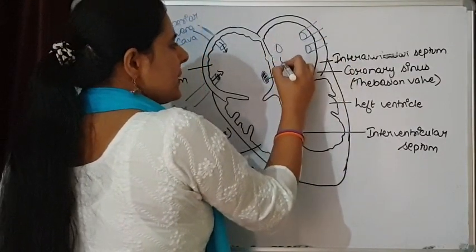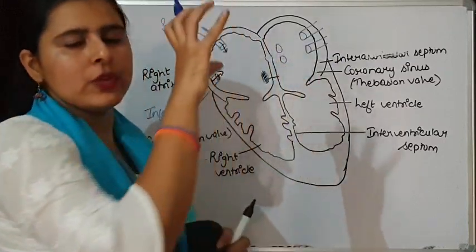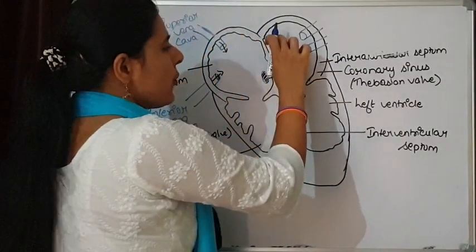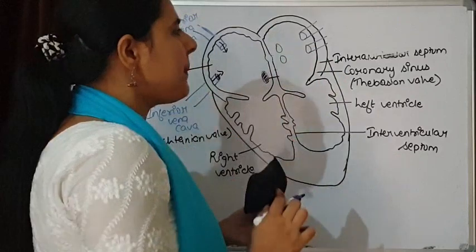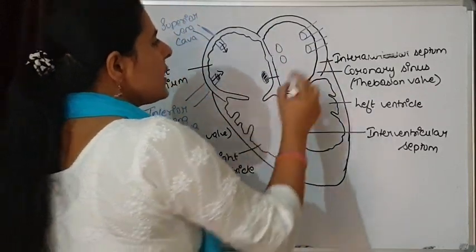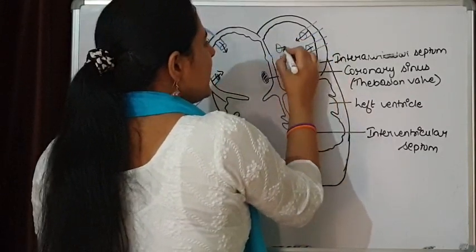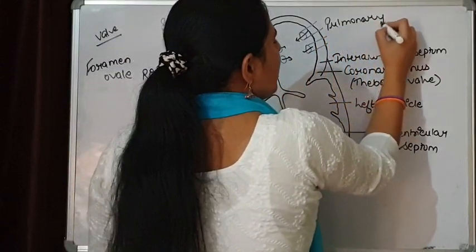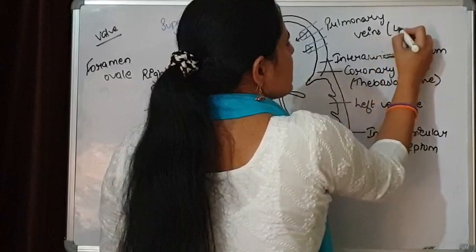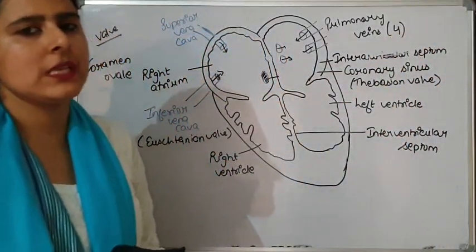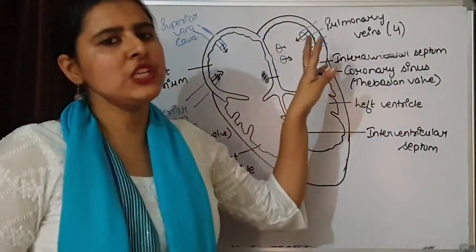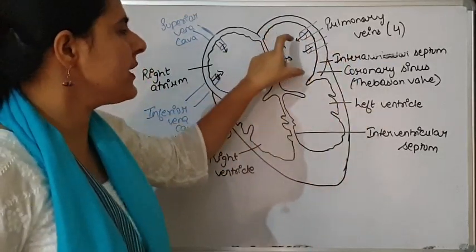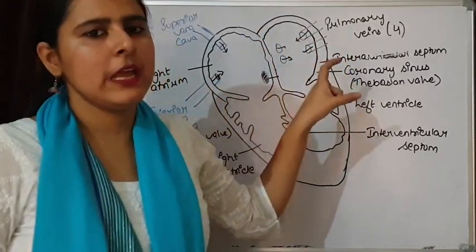Another pair of pulmonary veins will be opening here. We are not going to directly see them, but they are opening here. So these are the pulmonary veins which are going to carry oxygenated blood from the lungs, and 4 pulmonary veins are present. 2 are coming from each lung, and oxygenated blood will be poured in the left atrium.